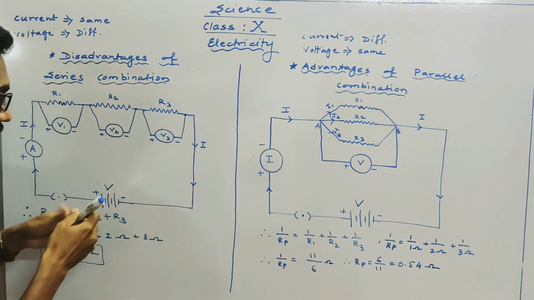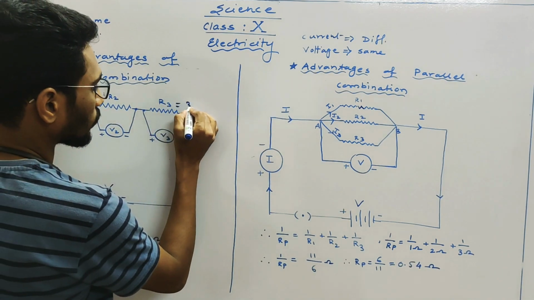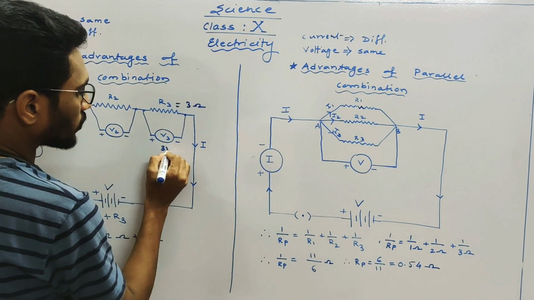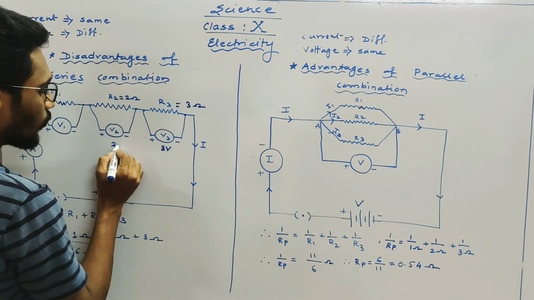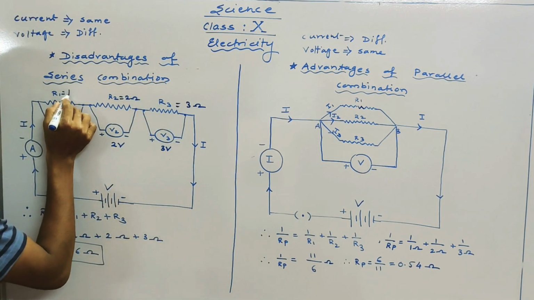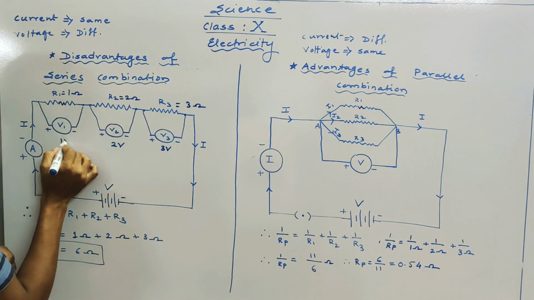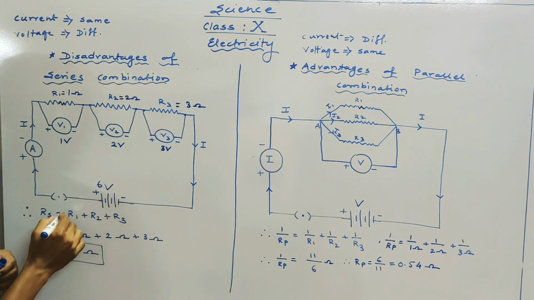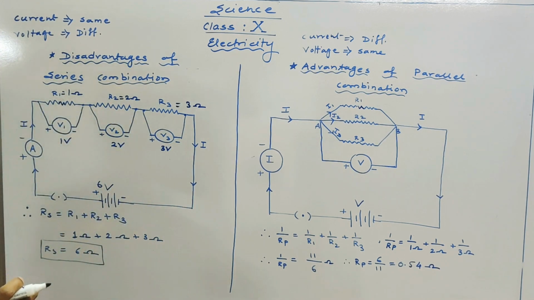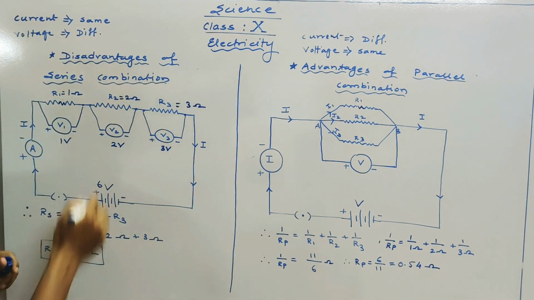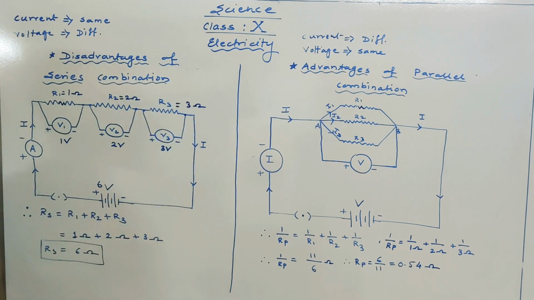R3 having a value 3 ohm, gets voltage 3 volt. R2 having a value 2 ohm, gets a voltage 2 volt, and R1 having a value 1 ohm, gets a voltage 1 volt. The total voltage is 6 volt, which is shared as 1 volt, 2 volt and 3 volt. Yes or no? In series combination, all the appliances will not get equal voltage. Everyone does not get the same power.